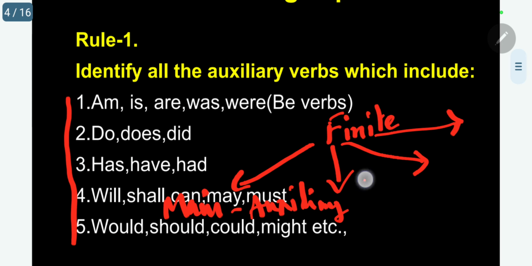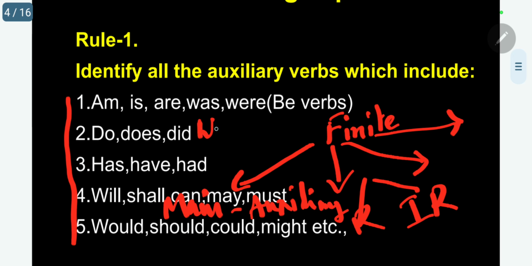Second type, regular verb and irregular verb. What is the meaning of regular and irregular verb? When you convert any verb from present tense to past tense, if you add d or ed, it is a regular verb. For example, walk, past tense, I will add ed: walked.